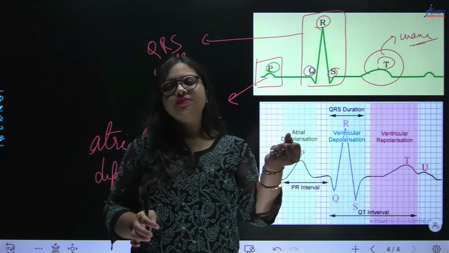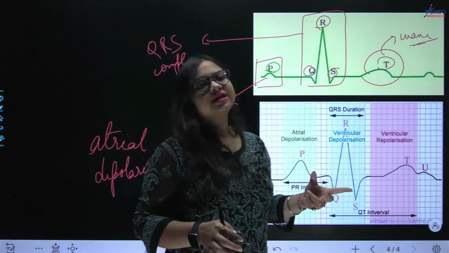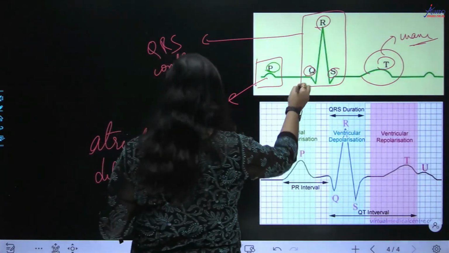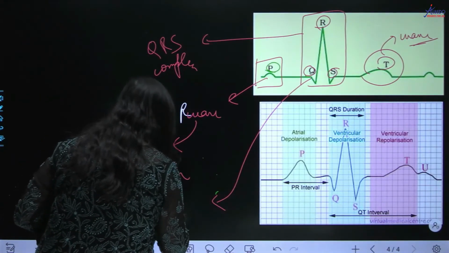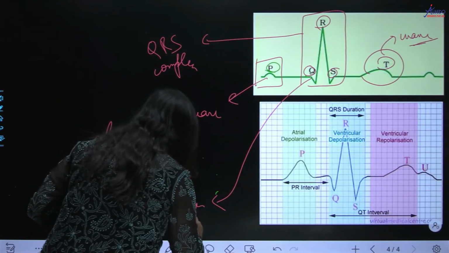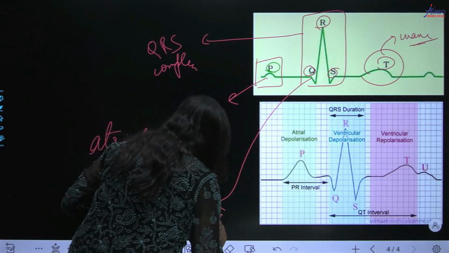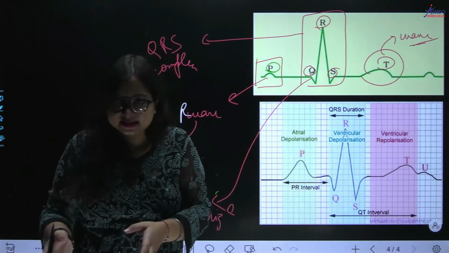When the ventricles will contract, at the same time atria will start relaxing. So this QRS complex, this is mainly because of ventricular systole, right? Ventricular depolarization, but there is also atrial repolarization in this, right?